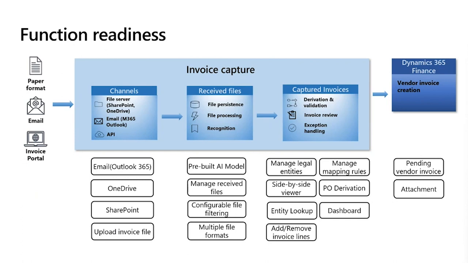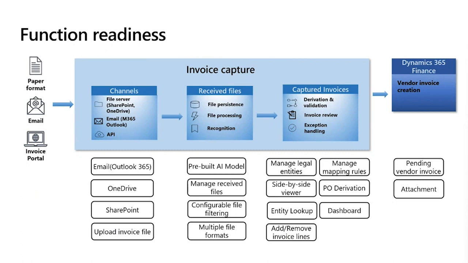Once the document passes such a validation, it will call AI Builder to do the OCR recognition. The result will be returned and mapped to our invoice data structure and persisted in the captured invoice staging phase. In this phase, it contains the most complex logic.